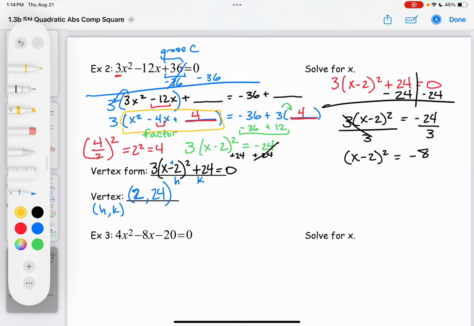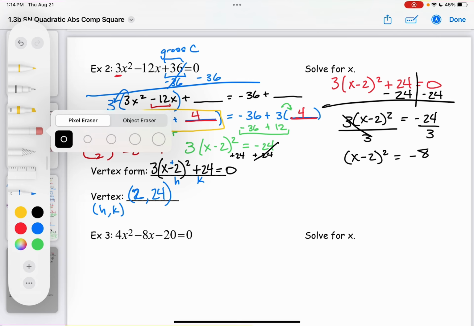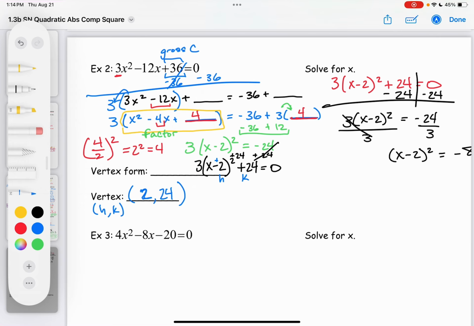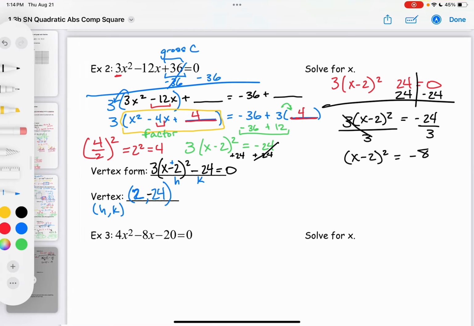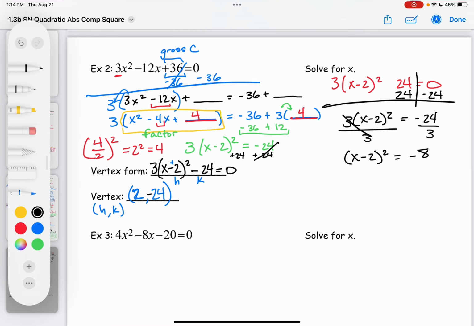If you're not actually listening to the video, this is going to confuse you a bunch. I'm going to undo that because that was not what I wanted. I'm going to erase this, and I'm going to make it negative. The reason I want to make it negative is because that will make this negative, and the reason I want to make that negative is because it will change these two signs.